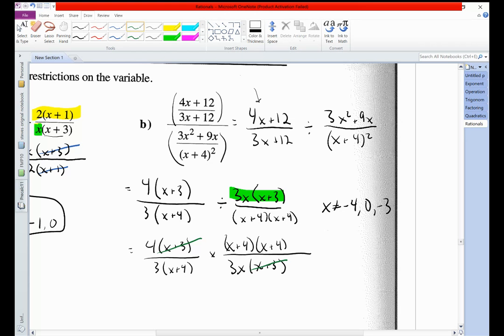We have an x plus 4 and an x plus 4. And we can say in the top now we have 4 times x plus 4. And on the bottom we have 3 times 3, which is 9x. There we go. Simplified. We've got our non-permissible values and we're good to go.